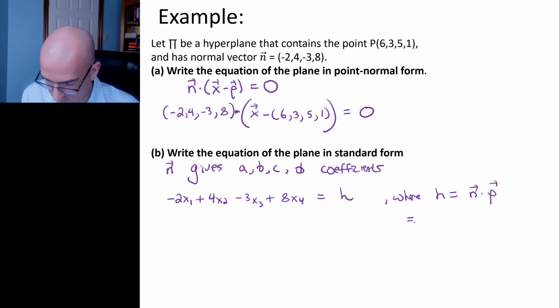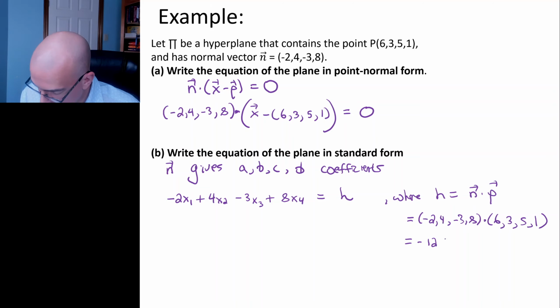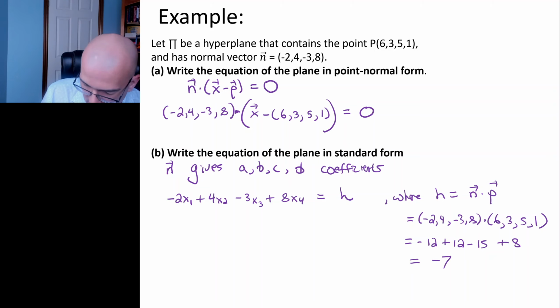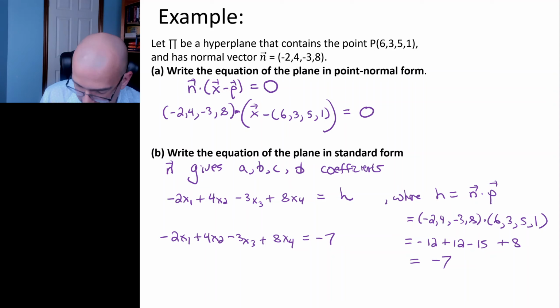So that's going to be -2, 4, -3, 8 dot 6, 3, 5, 1. -12 plus 12 minus 15 plus 8, so we get -7. So -2x1 plus 4x2 minus 3x3 plus 8x4 equals -7.